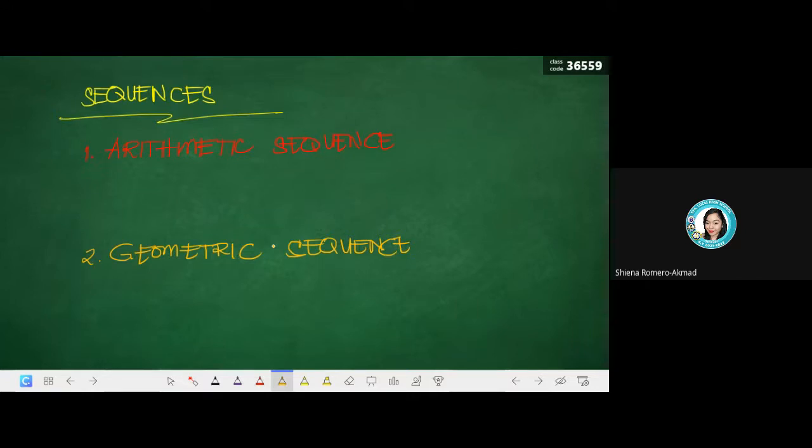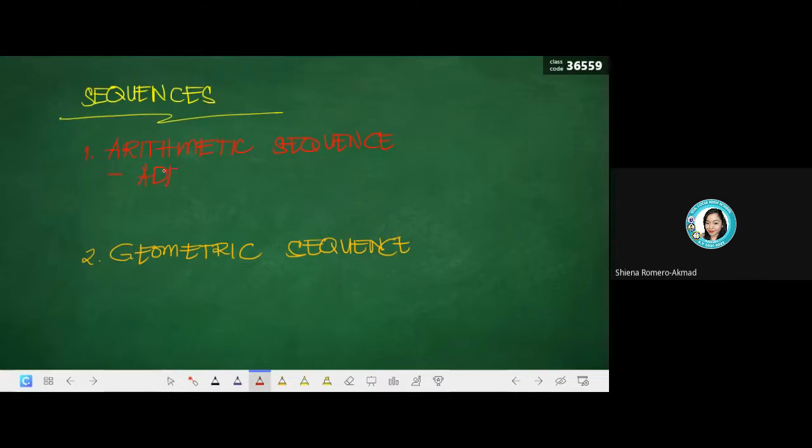So these are 2 different sequences that we had in our past modules, and kitang-kita naman yung difference nilang dalawa. Bakit? Ano ba yung operation na ginagamit natin in arithmetic sequence? By adding po. We are simply adding.